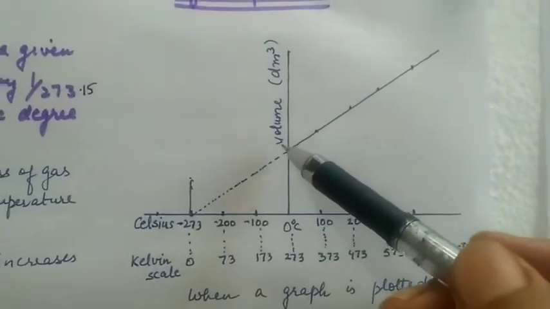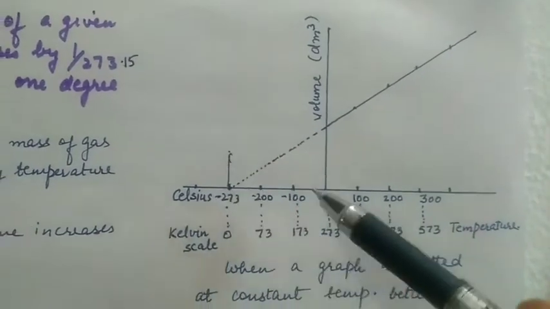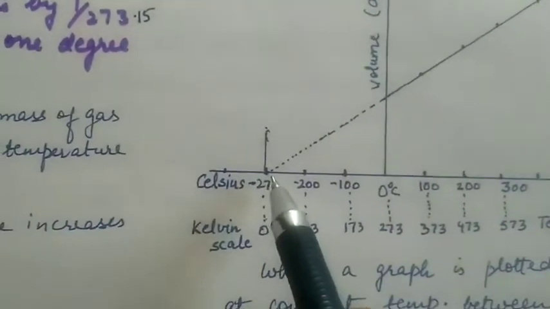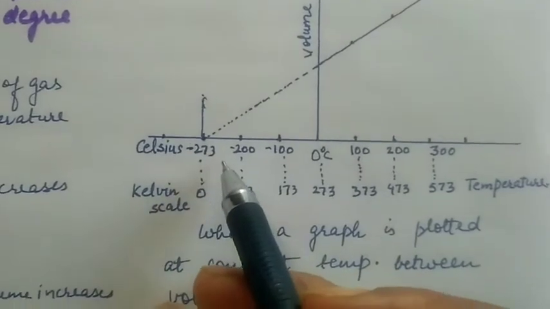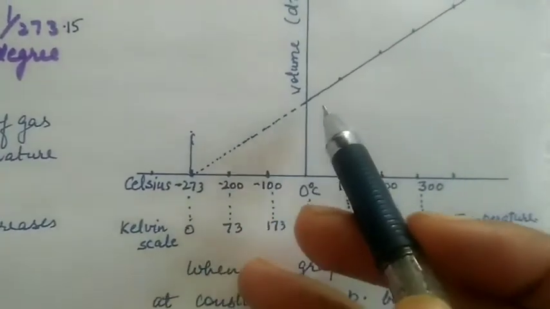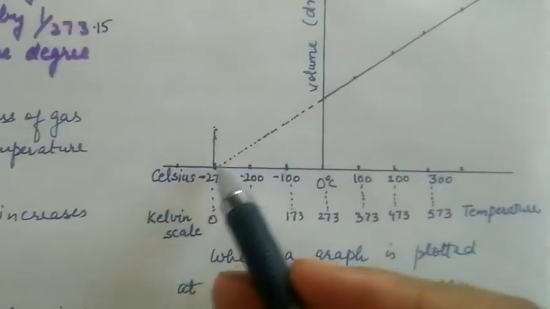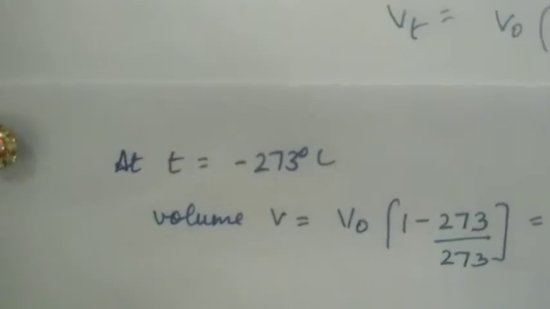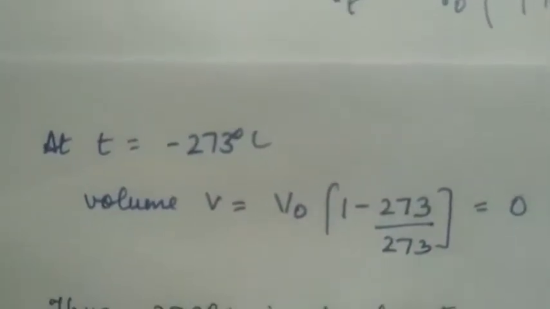And because this is a straight line, you can extrapolate it down in this manner so that a point on the temperature axis, minus 273 degrees Celsius, arrives where the volume decreases to 0. At T is equal to minus 273 degrees Celsius, the volume tends to be 0.